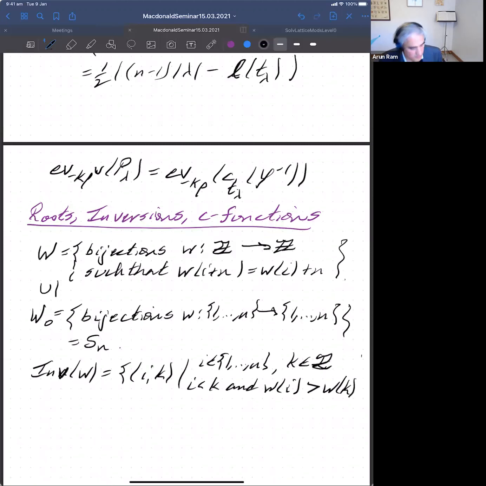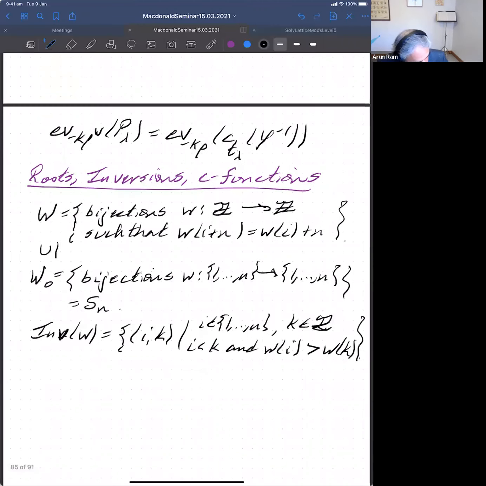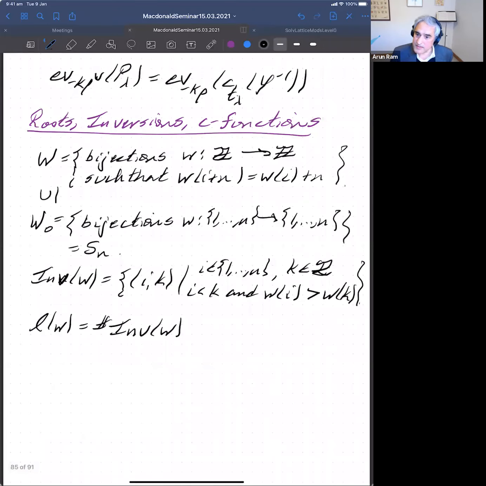So that's called an inversion. In particular, the length of a permutation is the number of inversions of the permutation, and the same for the affine Weyl group. So you cannot work on permutation combinatorics without doing inversions pretty quickly. So these we feel like are something we should learn.